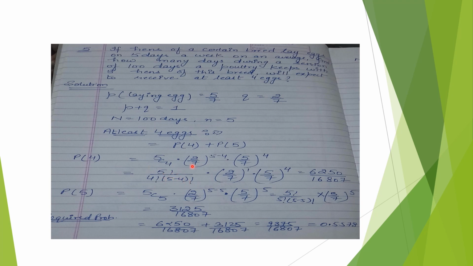The value of n is 5 and the value of x is 4. 5 factorial upon 4 factorial, in brackets 5 minus 4 factorial, into 2/7 to the power 5 minus 4, it will remain 1, into 5/7, and 5/7 is raised to power 4.